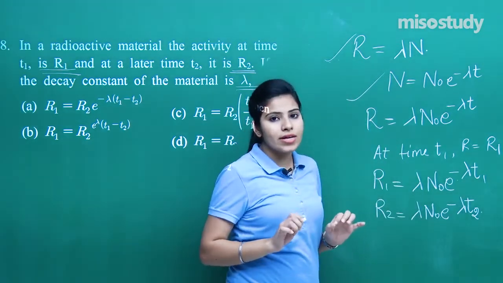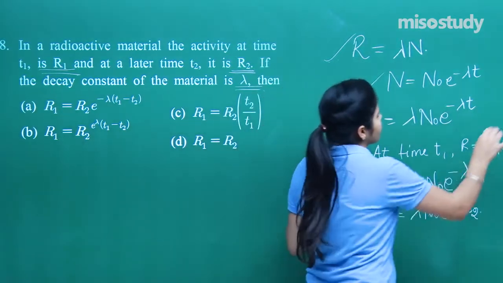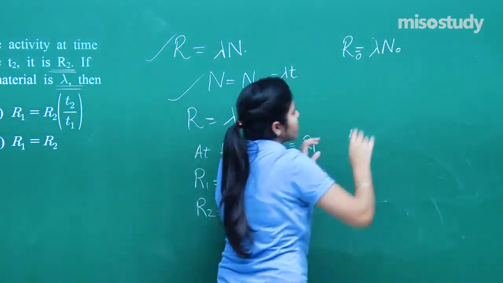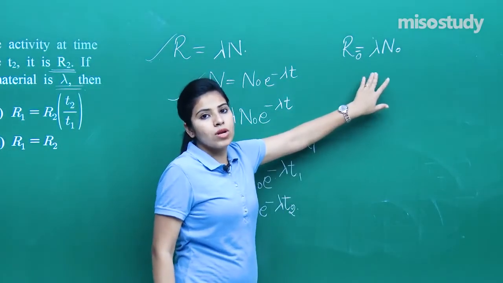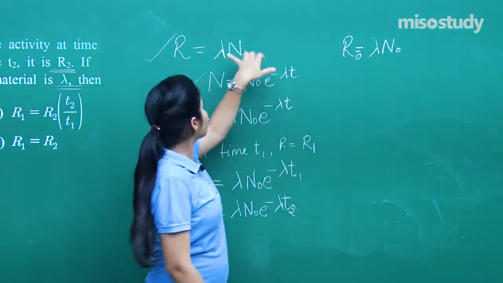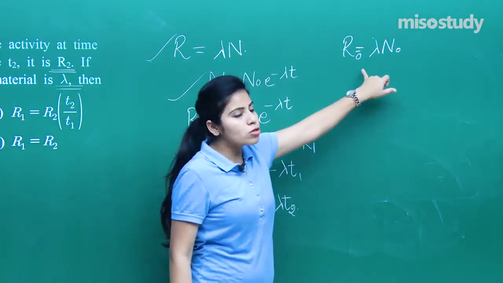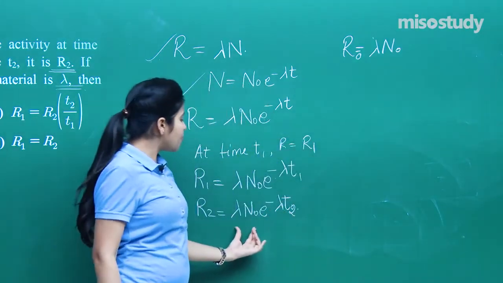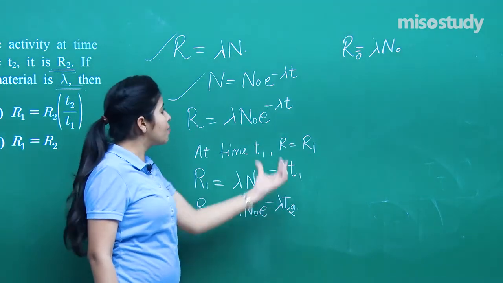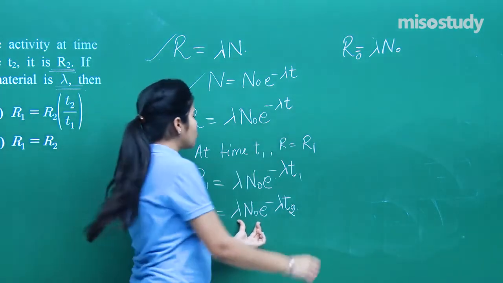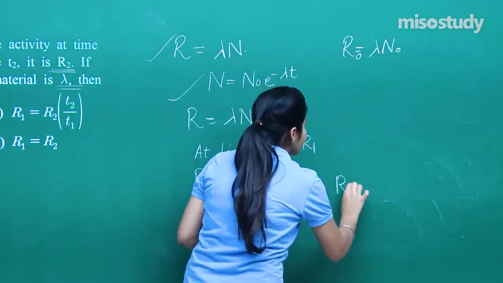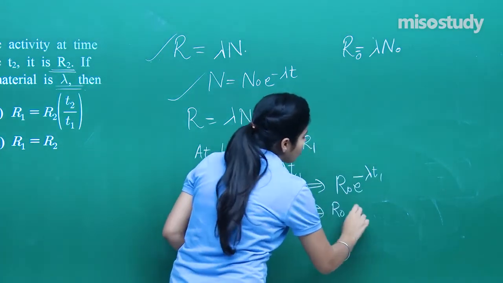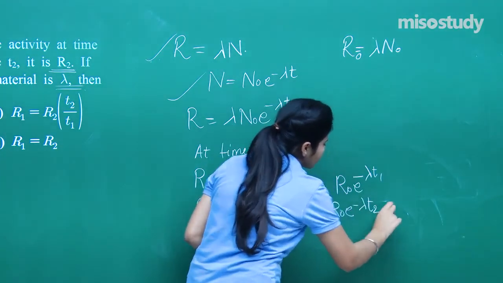Let me tell you one thing: I can represent this activity also as R naught equals lambda into N naught, because we know that R equals lambda N. Initially R naught will be equal to lambda into N naught. So if I put R naught in place of lambda N naught, R1 becomes R naught into e raised to the power minus lambda t1, and R2 becomes R naught into e raised to the power minus lambda t2, isn't it?